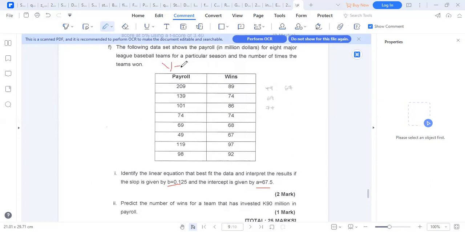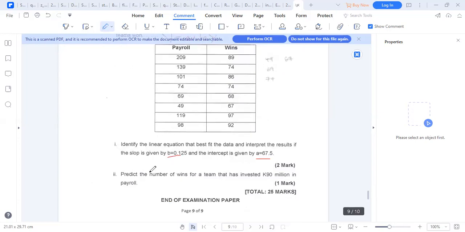Y is equal to 67.5 plus 0.125x. Yes. So identify the linear equation. This is very easy. 67.5 plus 0.125x. And now predict the wins, given that he invested 90 million.